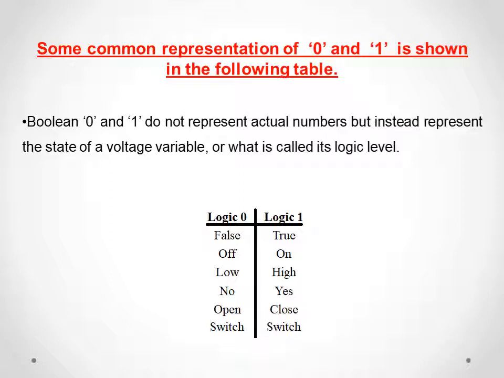The examples for logic 0 and logic 1 are tabulated here. For example, logic 0 is false, off, low, no and open switch. Logic 1 is true, on, high, yes and closed switch.